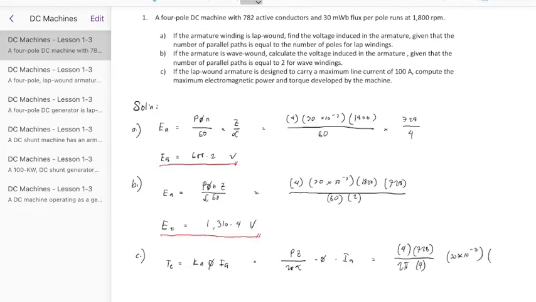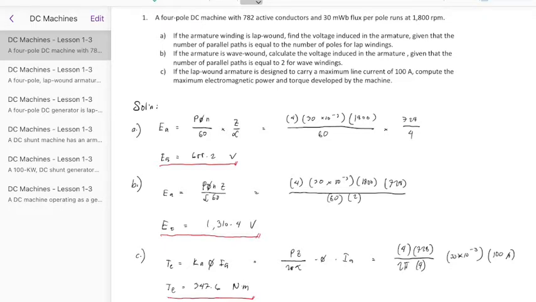The maximum armature current is 100 amperes. So our torque is equal to 347.6 Newton meters. Class, for torque, the SI unit is Newton meter.